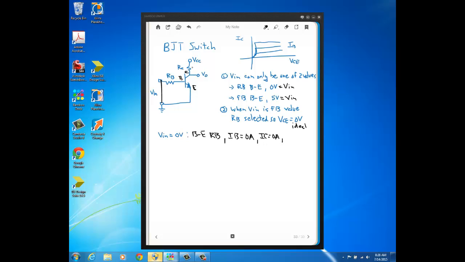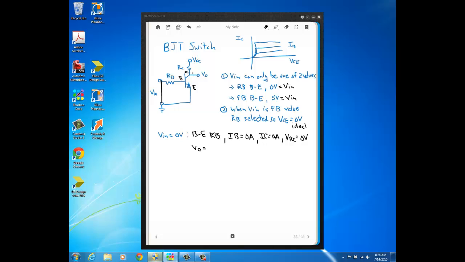Okay, and if I have 0 current at my collector, that means the voltage drop across this resistor RC, VRC, would be 0, since there's no current flowing through it. And that means Vout, and again, that's this node where the collector of the transistor is connected.